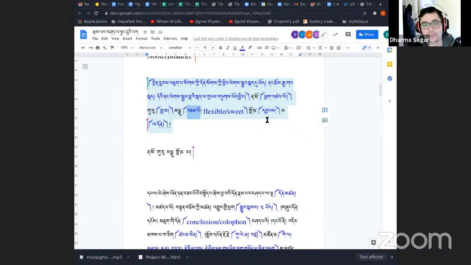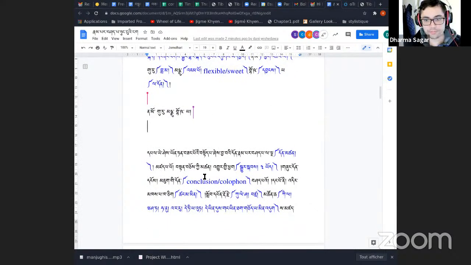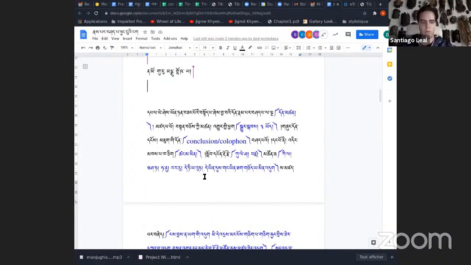So this shows how in Sanskrit they create sentences. You have the verb at the beginning, namo, then to whom, and it ends with Manjushri, to Manjushri, I pay homage. Okay. Is that okay? Yeah.